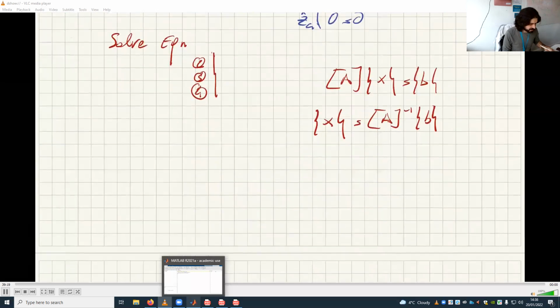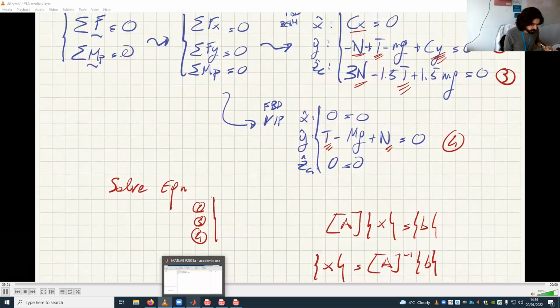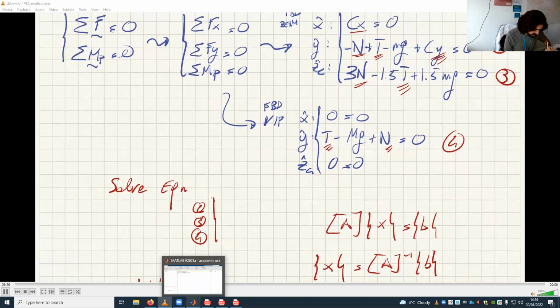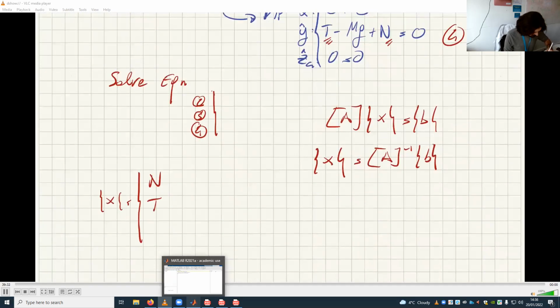Now, in our case, equation 2, let's say that X is N, T, CY. So it's a vector of 3 elements, 3 unknowns.